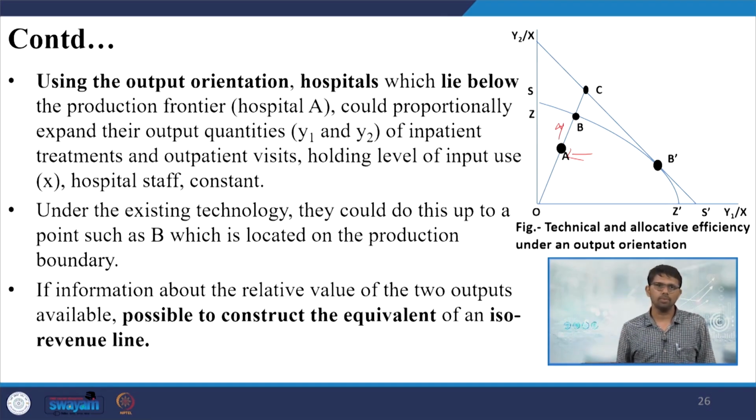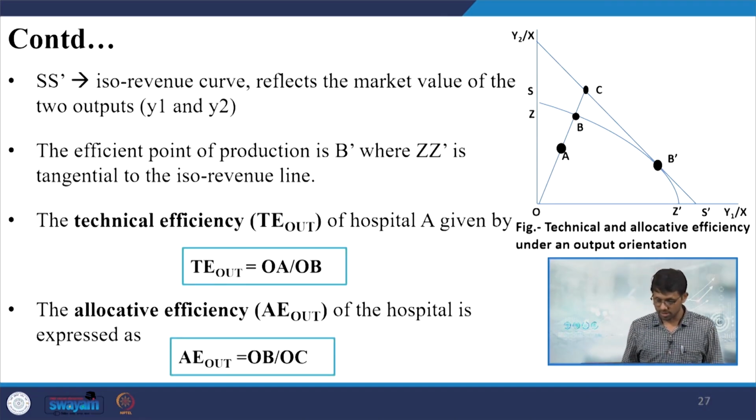If information about the relative value of the two outputs is available, then it is also possible to construct the equivalent of an iso-revenue line.